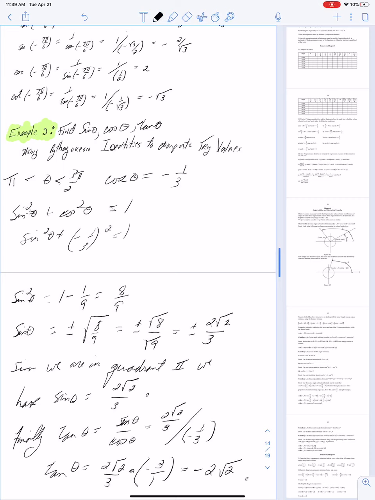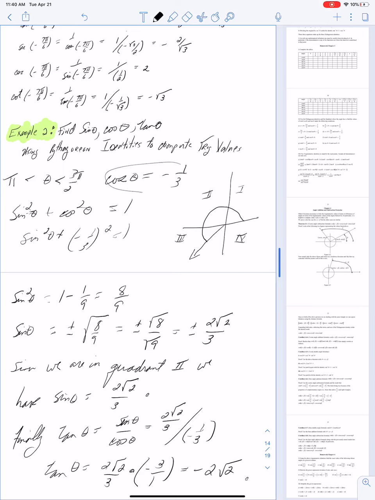In fact, let me draw a little picture over here. Greater than pi, here's my angle theta, it's over here somewhere. The x and the y value are both negative there, all right?